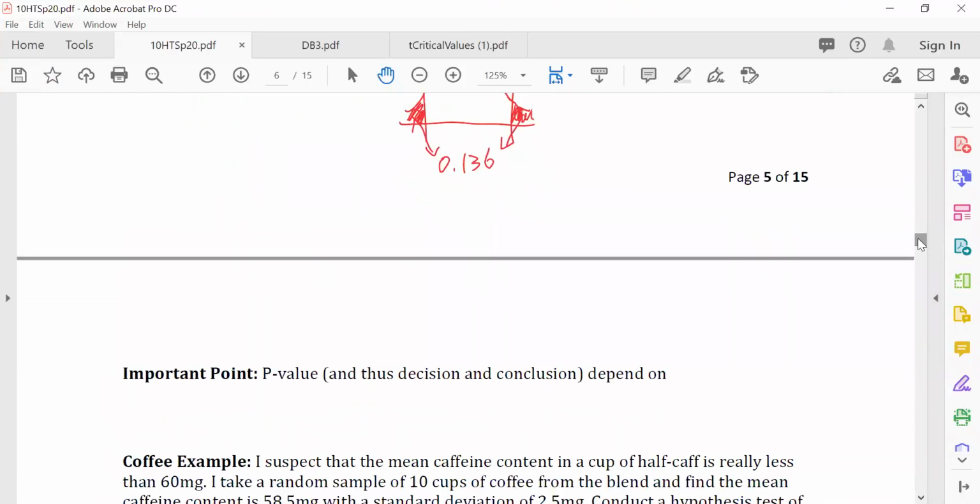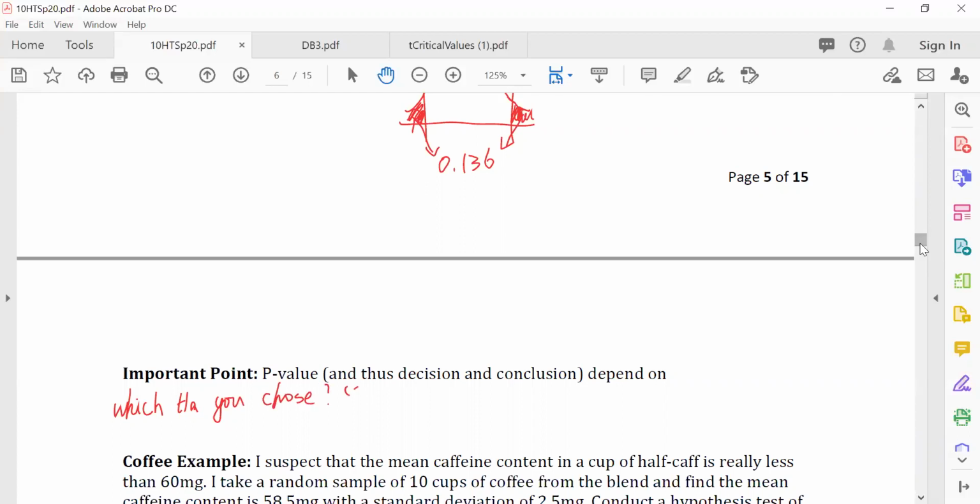So the important point here is this p-value, and thus the discussion and conclusion, depend on which alternative hypothesis you chose.